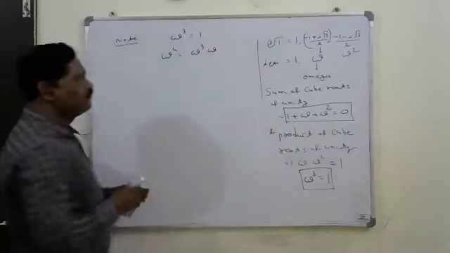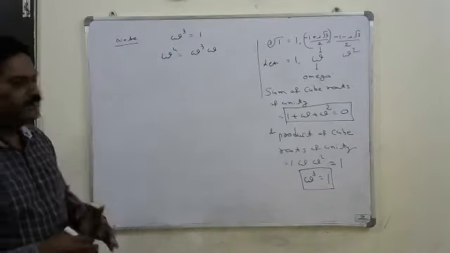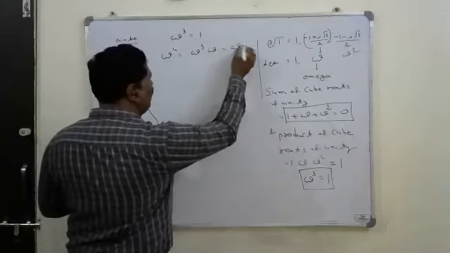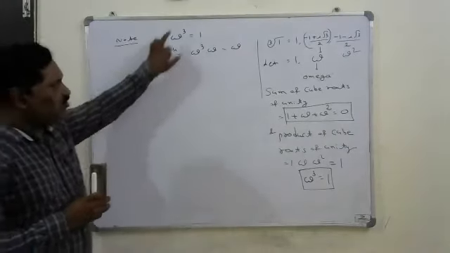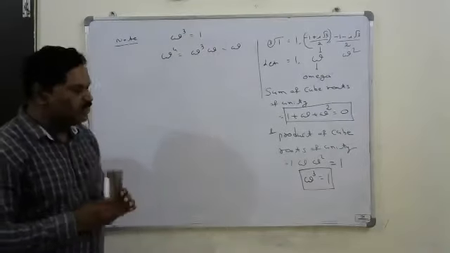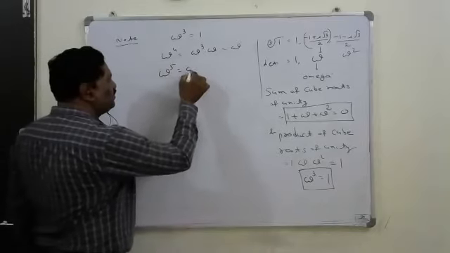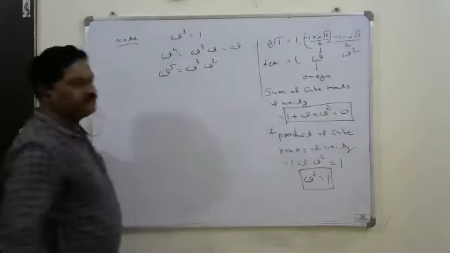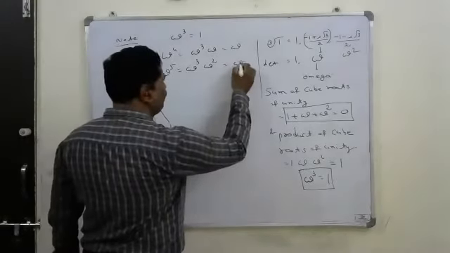Omega cube is again 1, and 1 into omega is equivalent to omega. That's why omega power 4 is also equivalent to omega. Similarly, omega power 5, I can write as omega cube into omega square, that is equivalent to omega square.